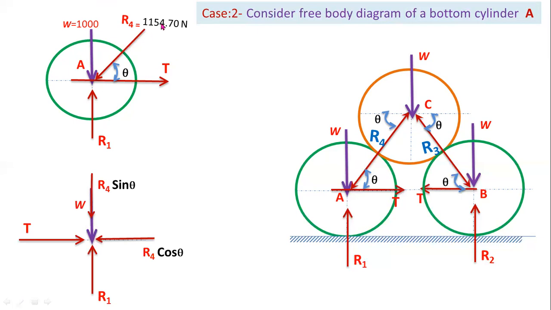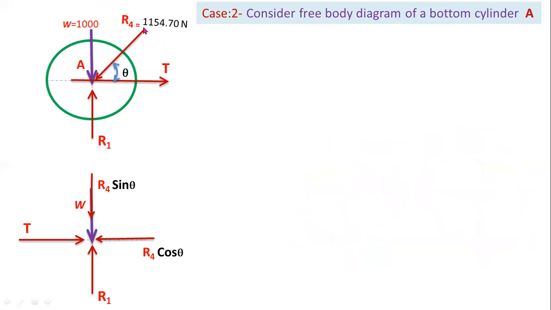Now you have to convert this reaction force R4 into horizontal and vertical components. This reaction force R4 lies in the first quadrant, so you have to consider horizontal and vertical components. This is the adjacent side, so you consider the horizontal axis as cos theta.